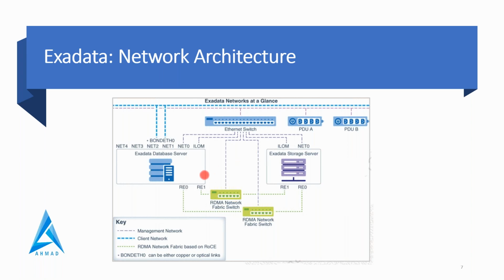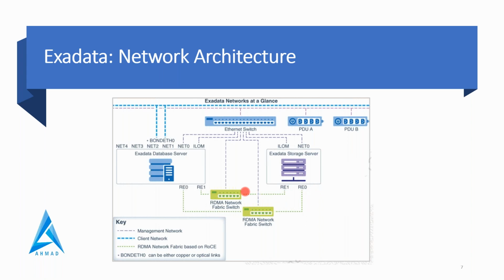The private ROCE network connects RE0 on the database server through one ROCE switch to RE0 on the Exadata storage server, and RE1 on the database server through the other ROCE switch to RE1 on the Exadata storage server.